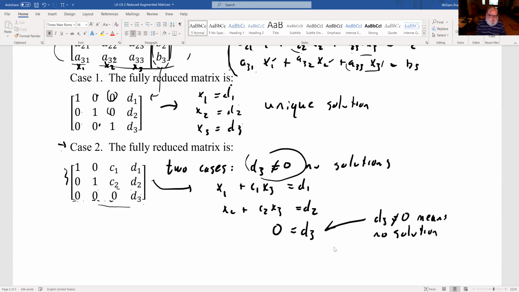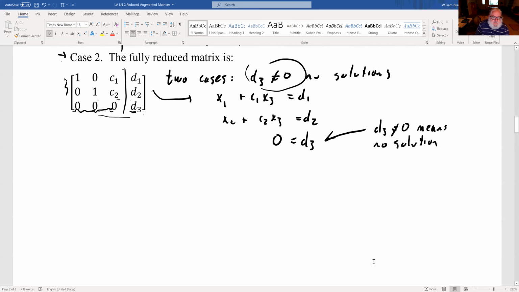So if you get a row of zeros in the coefficient matrix, you better get a 0 over in the solution, because if you don't, then you get no solution. And then if D3 does equal 0, you have infinitely many solutions.